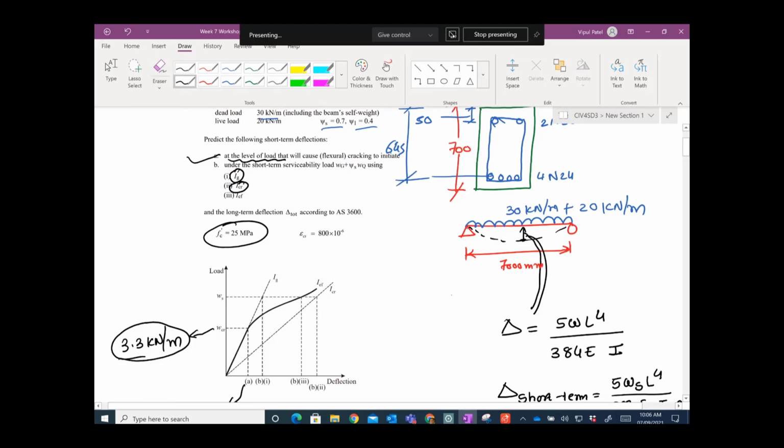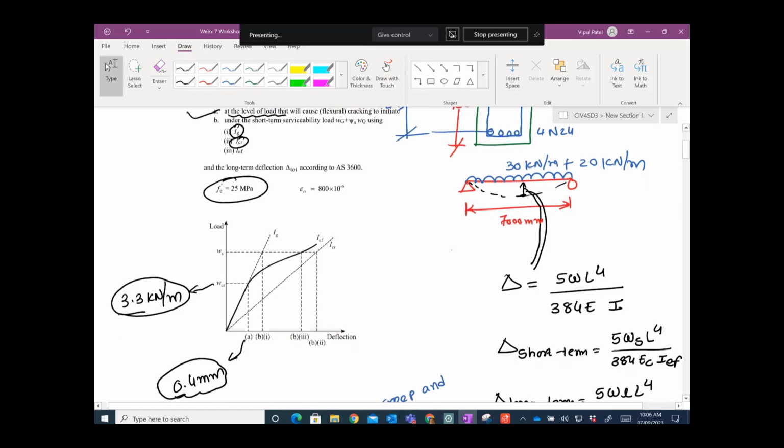So once you calculate the I crack, we can calculate the deflection at B2, right? That's the deflection when the beam is fully cracked. That was the value that we use.